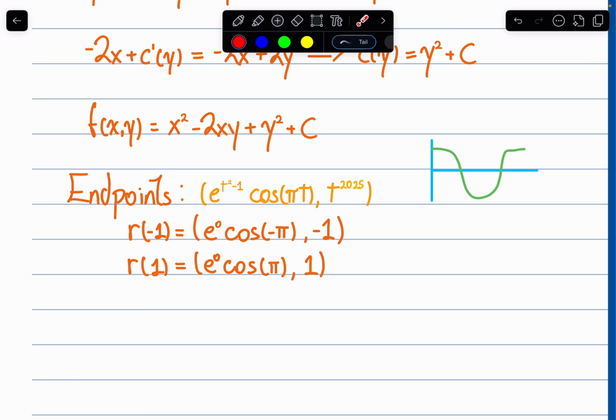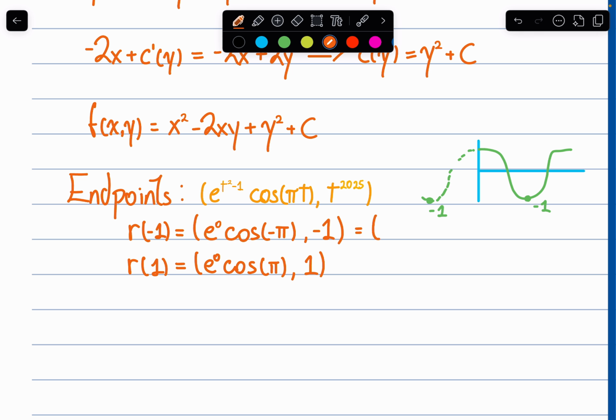With this graph, we have that at pi, the cosine function is -1, and it also happens that at -pi, it's also -1. Therefore, the curve has a starting point -1, -1, and endpoint -1, 1.